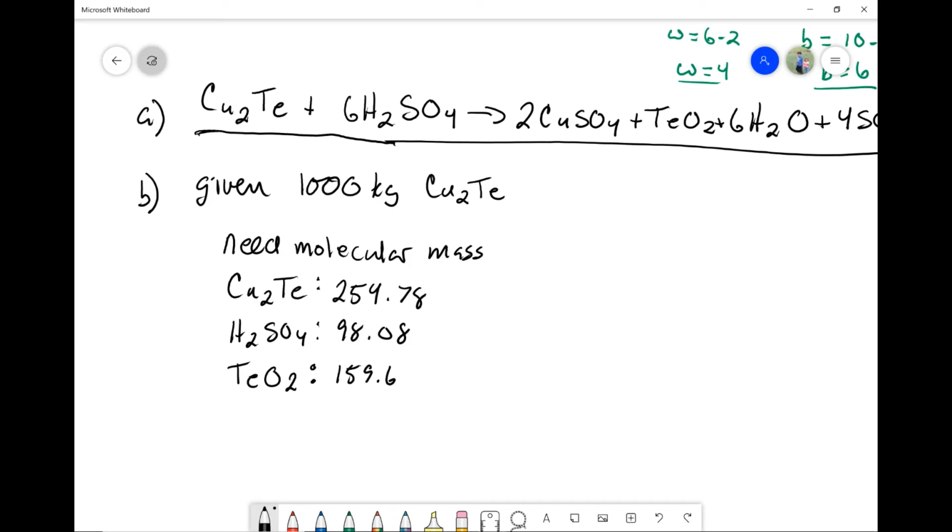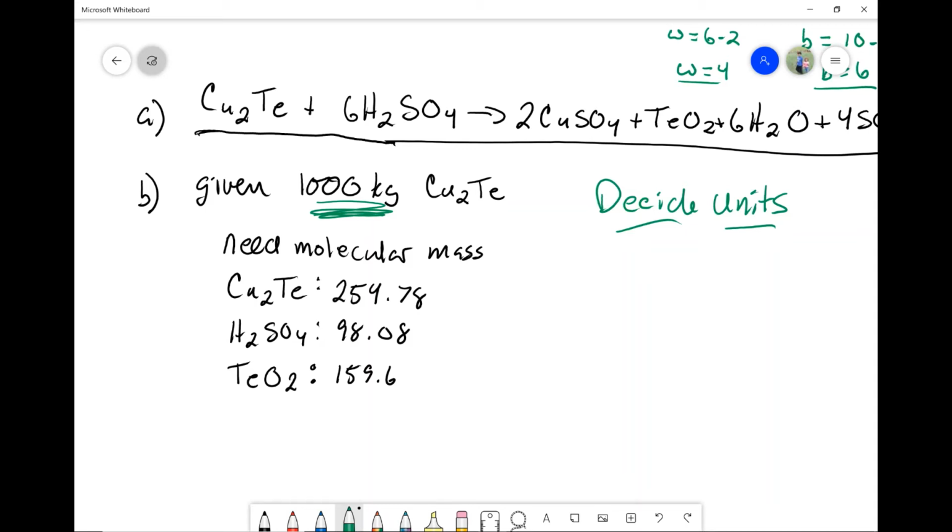All right, so now we need to decide the units. And this is a recurring theme. So we're given 1,000 kilograms. I purposely didn't write this with units because I want to decide the units.